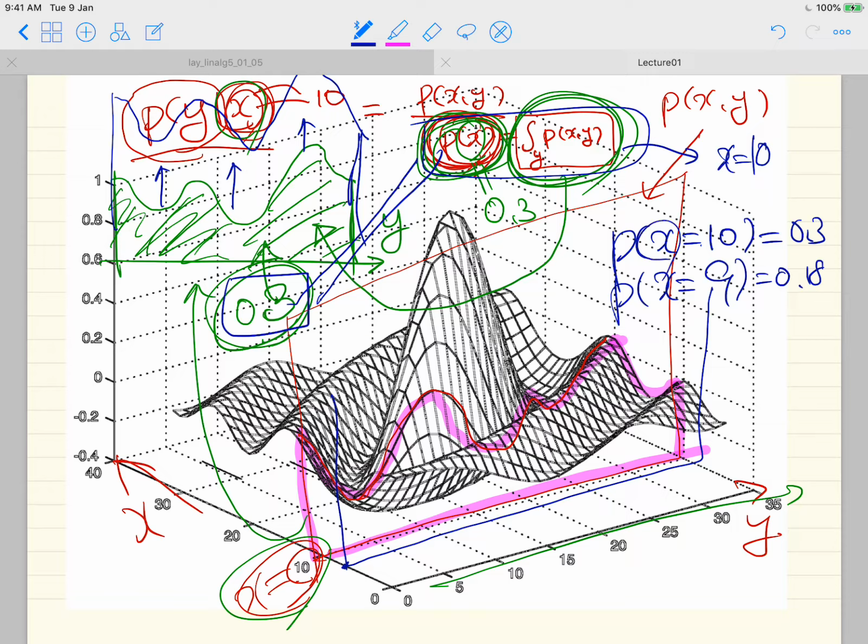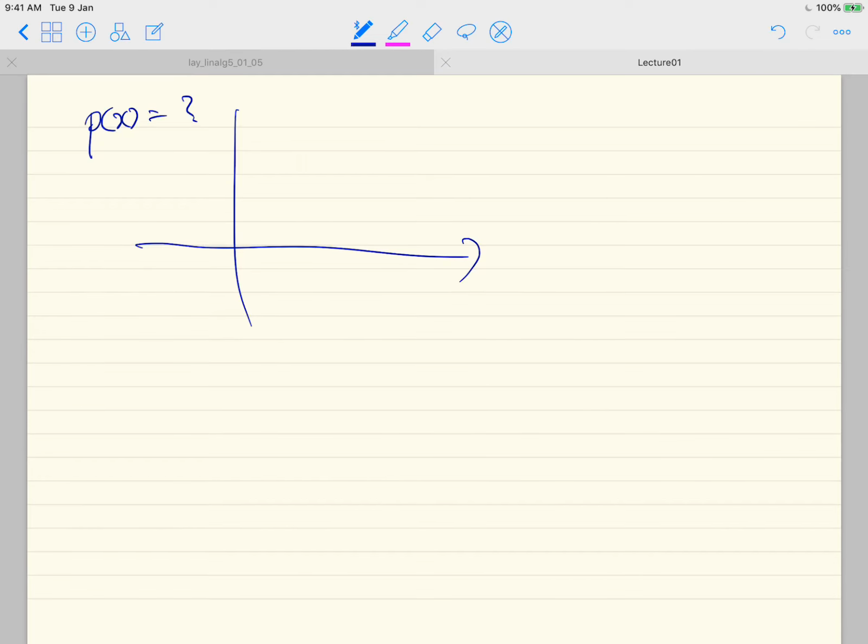If we change x to 20 or 30 and so on, then we can obtain these area values along this sectional curve. Then mapping those values along the x direction, when it is 10 it is 0.3, and 9 it is 0.18, and so on, we can obtain their own curve along x. So this is the marginal distribution, right?